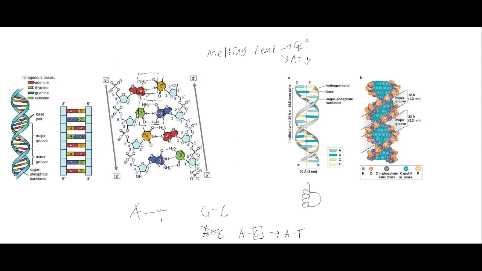And this would also work with other pyrimidine-purine mismatches. But if we go back, we can see it here: our purines are quite a bit bigger because they have these double rings, and our pyrimidines are smaller. So if we had 2 purines, like A to G, this would cause a bulge quite a bit.